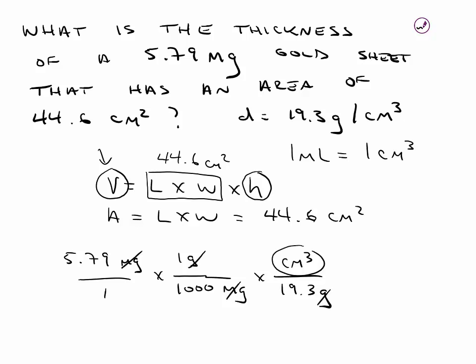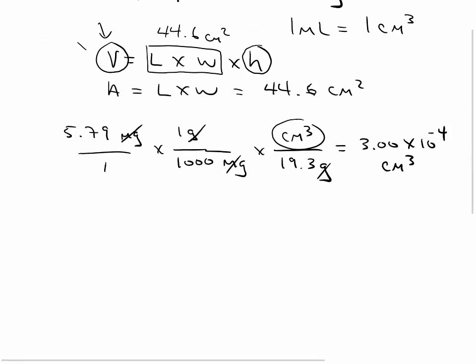The only unit left in the numerator is my volume unit, which I need for up here. And doing the math, I got 3.00 times 10 to the negative 4 centimeters cubed. And that is the volume that I'm going to plug into the above expression.